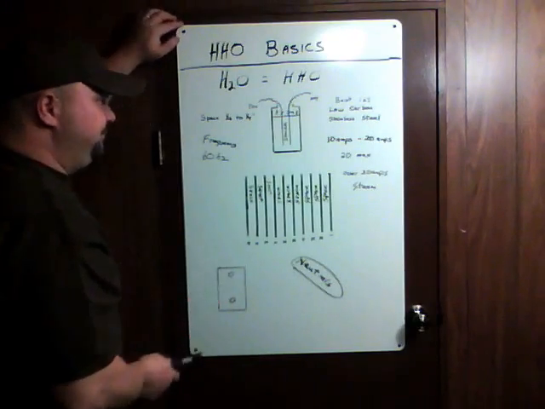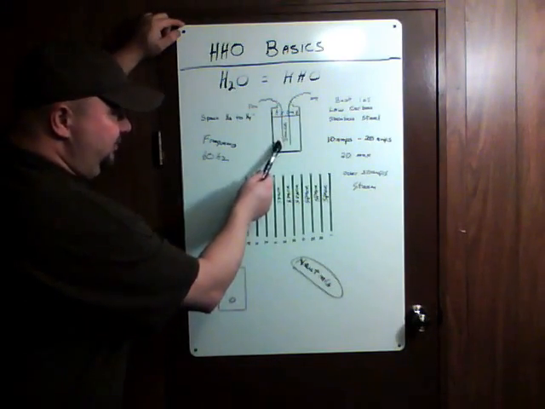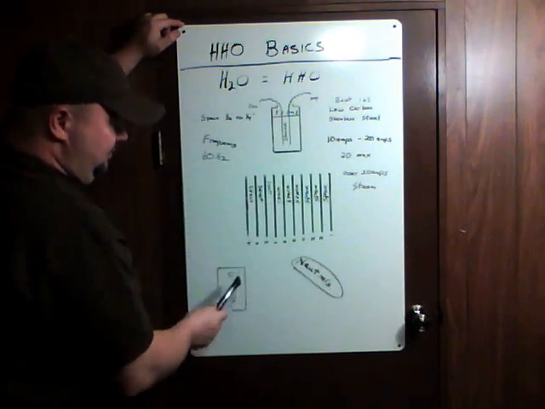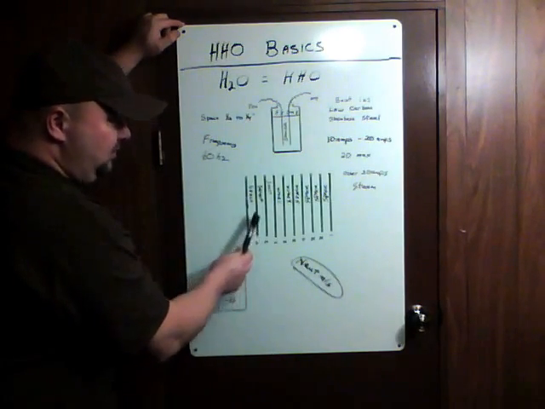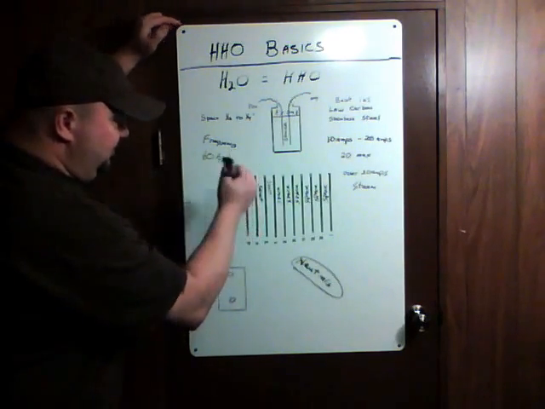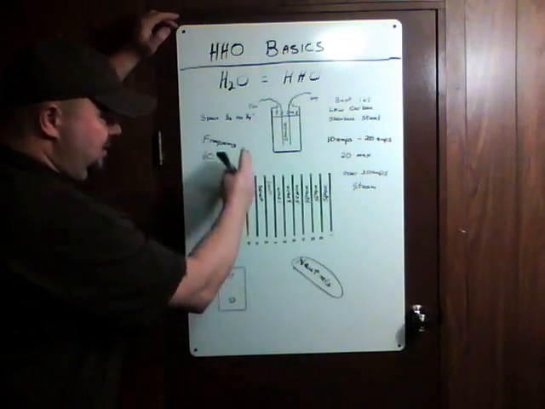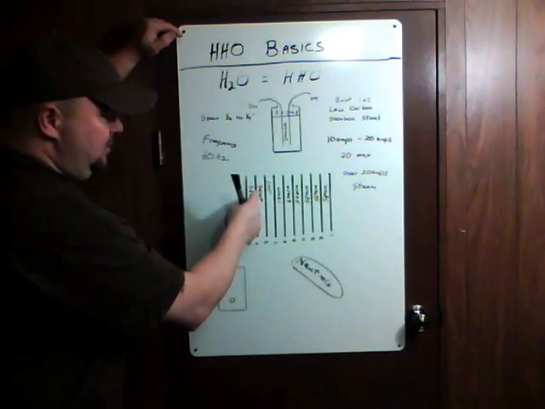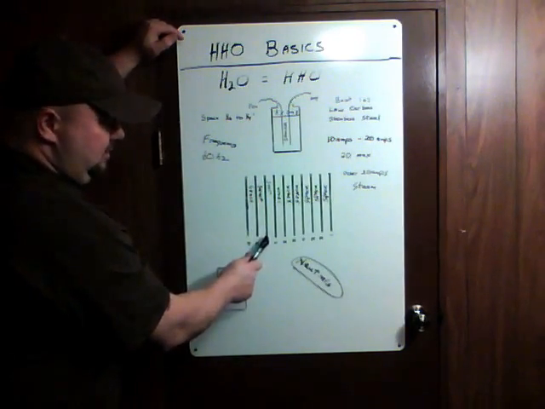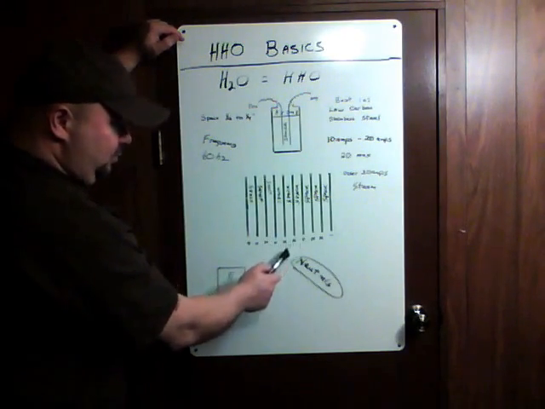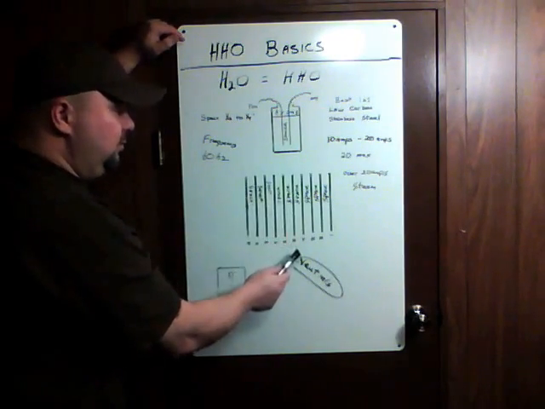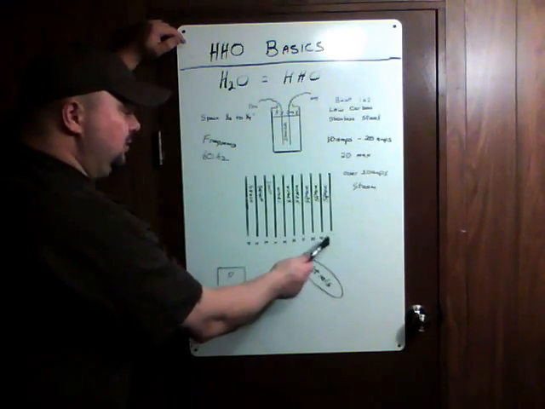Neutral plates. If we take the same design, positive, negative, and we put a positive plate in, and then we take a plate that's not hooked to either positive or negative, it's just a blank plate laying in there. It's not got a wire coming off from it. And then another blank plate in there, and then a negative plate, and then a neutral, which is just a blank plate, no electricity hooked up to it, and then a positive, and a neutral, and a negative.